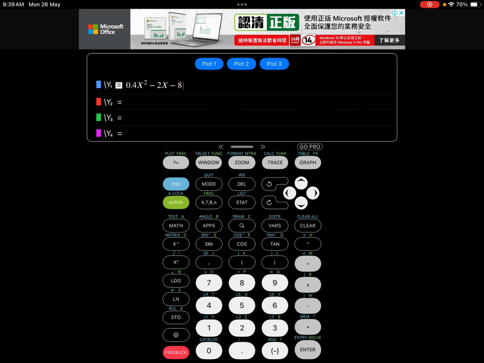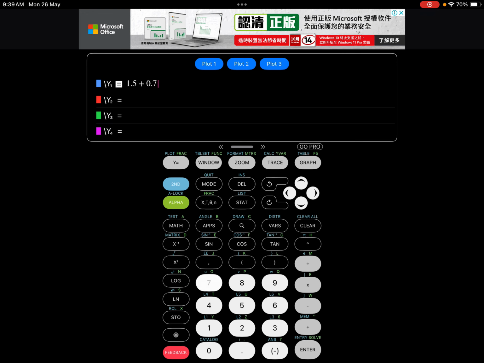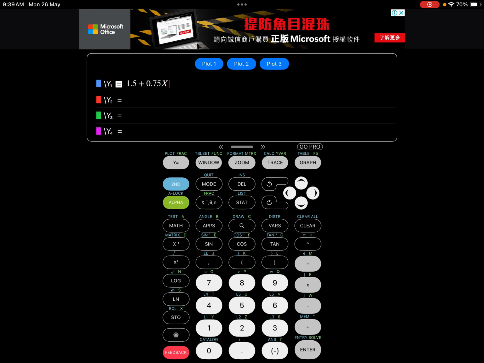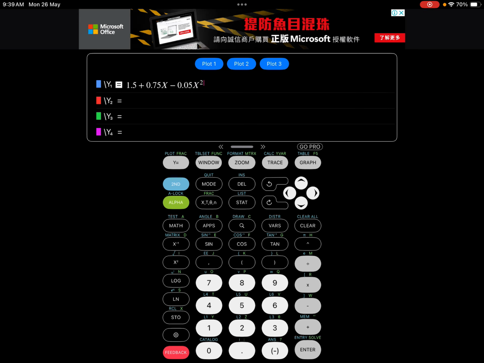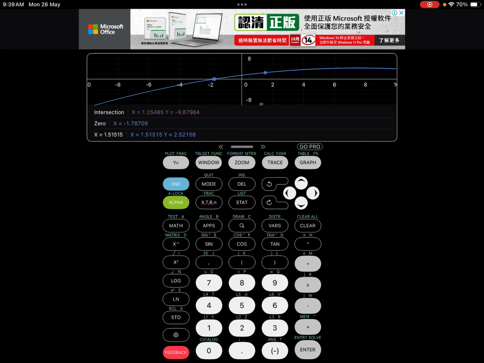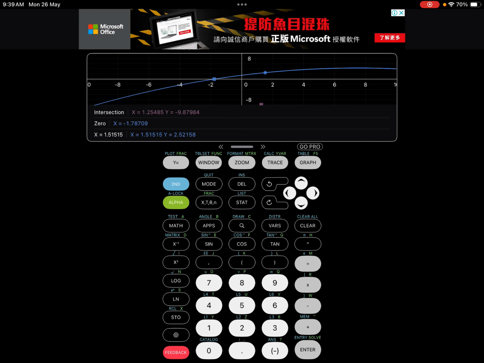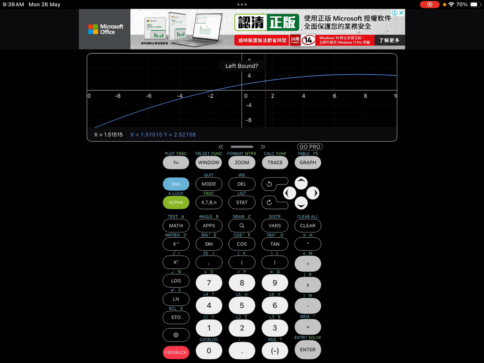We're going to plot this. Let's clear this first. So you're going to enter 1.5 plus 0.75x minus 0.05x squared. Okay, and I'm going to graph it. Then we're going to go to second trace, and go to maximum. The maximum is going to be somewhere about here.